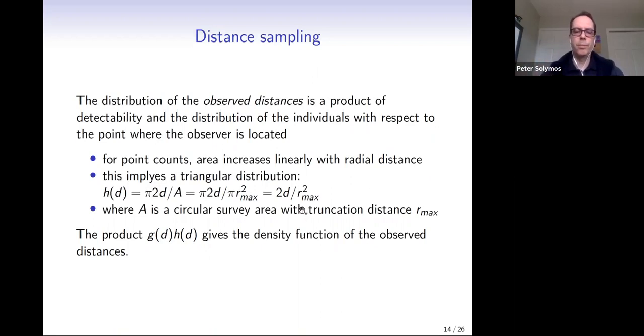Then if you simplify, and we also throw in something which I call R max, the area can be expressed by pi times R max squared. And this R max is our truncation distance. So right now, let's just think that we are doing distance sampling over a confined area, and this area is a circle at this truncation distance.